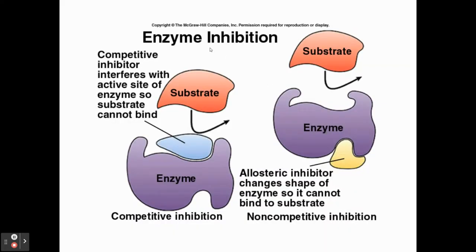We learned about inhibitors during your 3D modeling also. We had two types: competitive inhibition, where a competitor molecule actually competes for the active site and blocks the substrate molecule from coming in, or an allosteric or non-competitive inhibitor, which binds to a site other than the active site, but then causes a shape change in the active site that does not allow substrate molecules to bind to that active site.